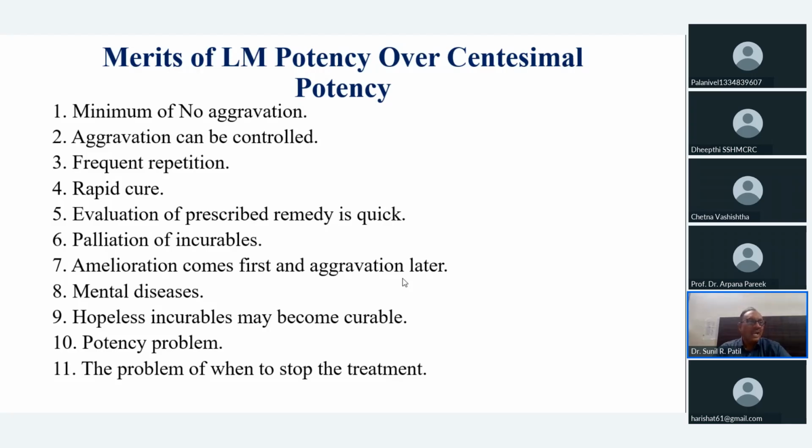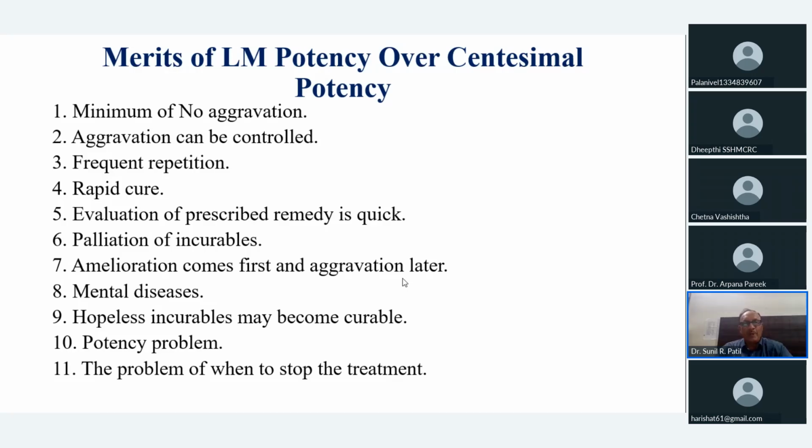Dr. Hahnemann advised starting from the lowest degree of dynamization and gradually ascending to higher potencies, LM1, LM2, up to LM6, and the result occurs very easily after the sixth or seventh one.